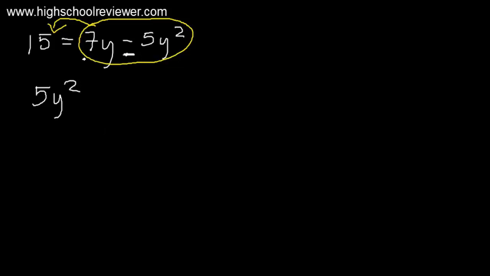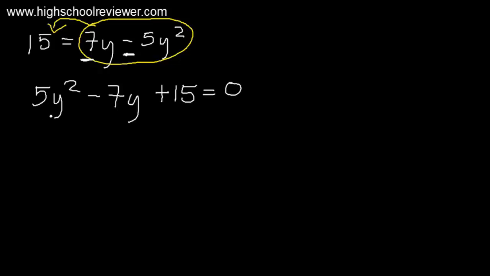And if we transpose positive 7y, its sign will change. From positive, this will become negative 7y. And since we did not move positive 15, this will still be positive 15. And since there are no terms left on the right, this will already be 0.